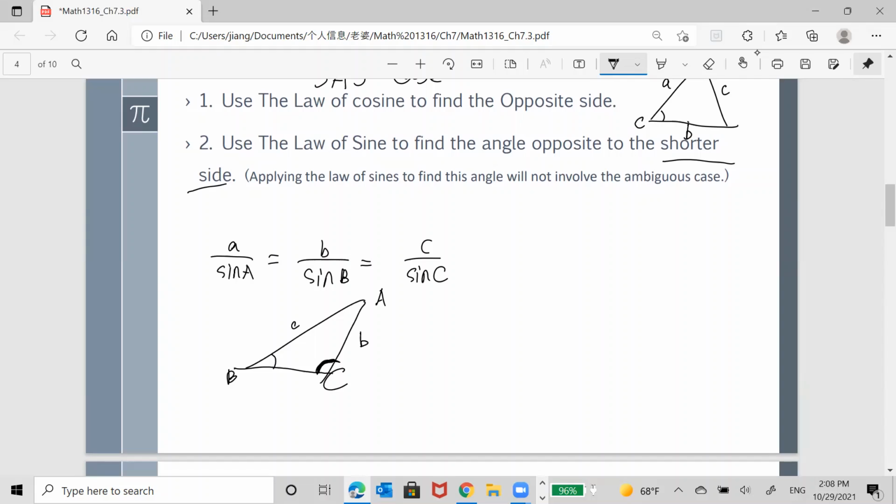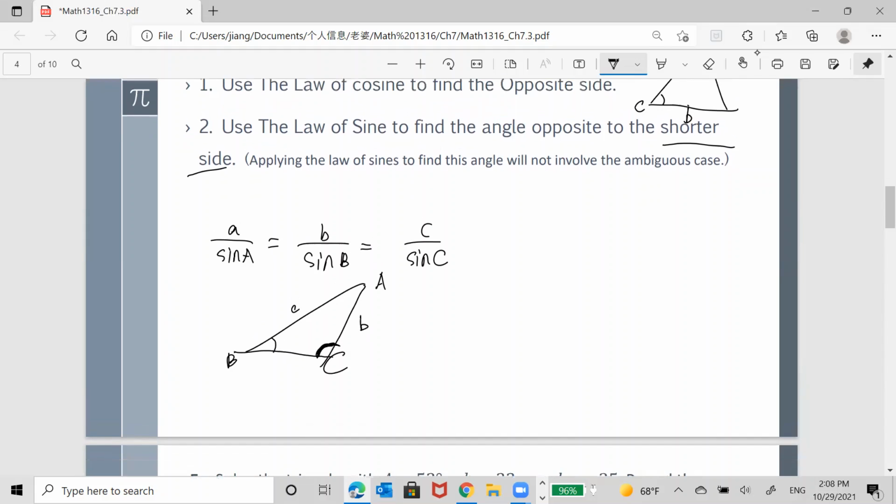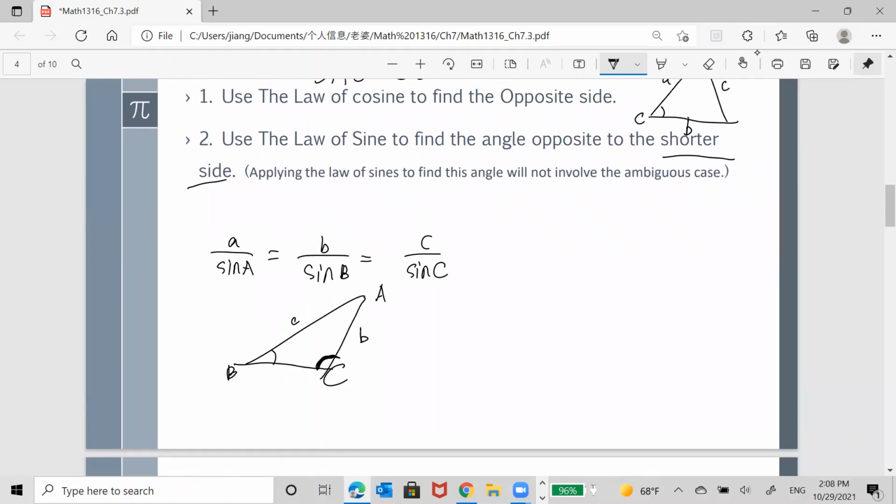And one thing you need to remember is that in a triangle, at most we can have one obtuse angle.